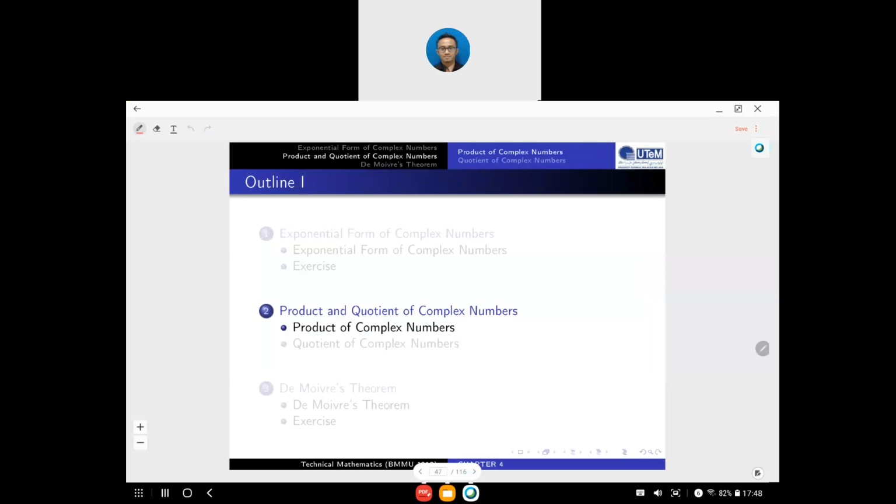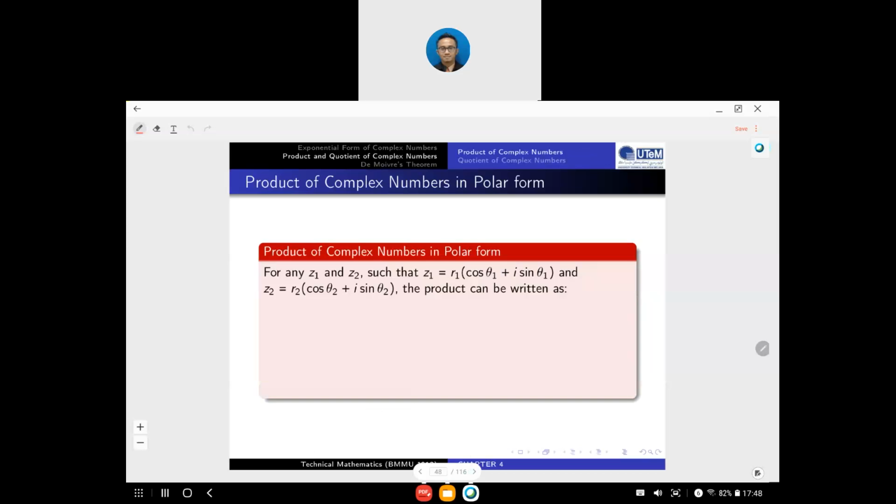Subtopic 2: Product and quotients of complex numbers. So first we look at the product of complex numbers in polar form. If you have any complex numbers Z1 and Z2 such that Z1 equal to R1 cos theta 1 plus I sin theta 1, make sure your complex number is in polar form, and then you can use product.